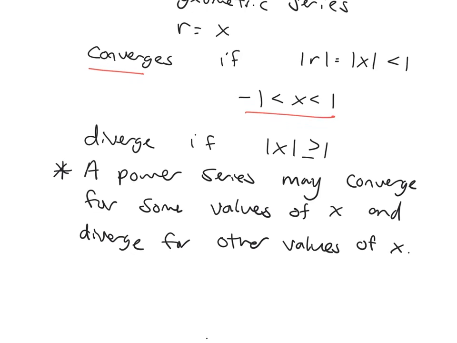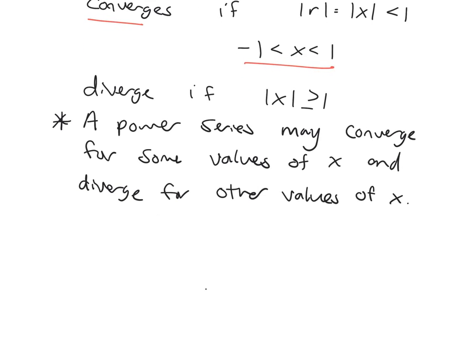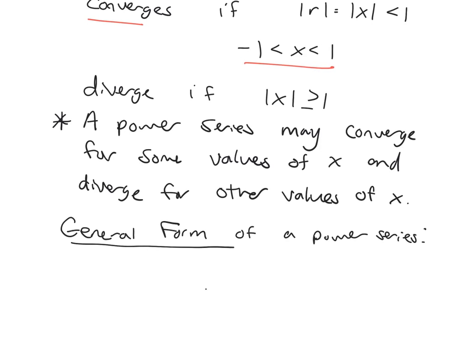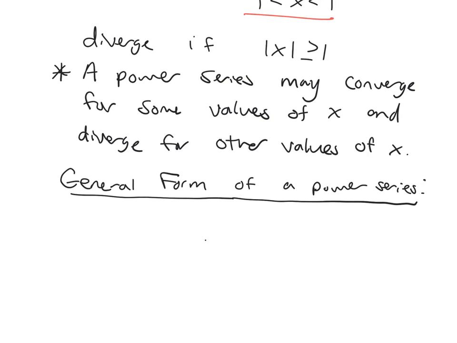So I need to give you the general form first of a power series. The one I gave you at the beginning is not the most general formula for a power series. This is the general formula, c_n (x minus a) to the n. So if you let a be 0, you get what I wrote at the beginning, x to the n.